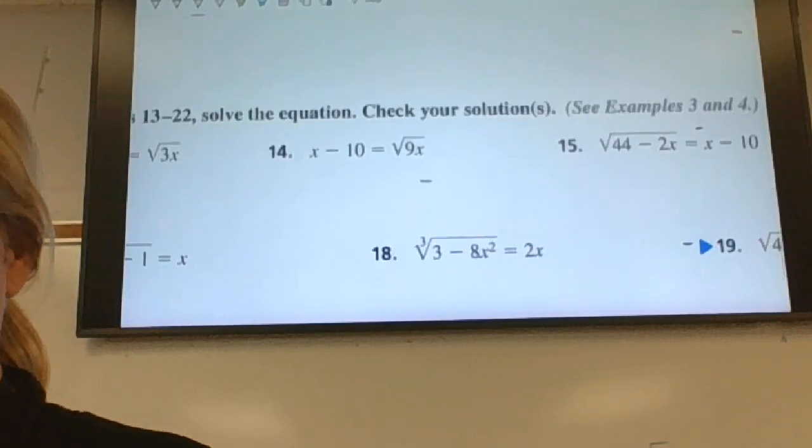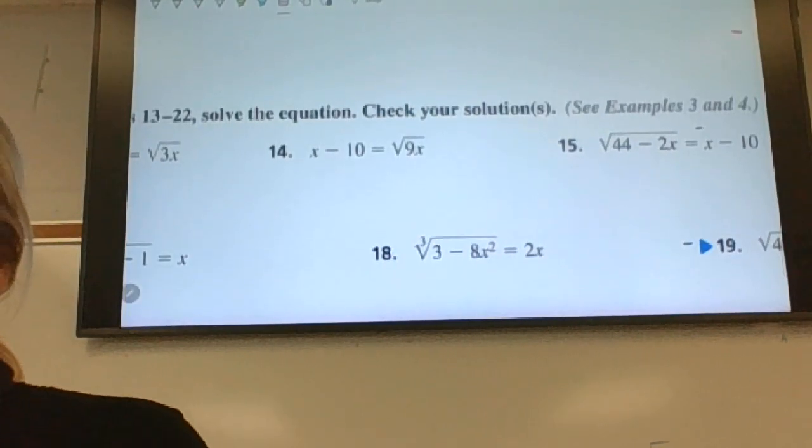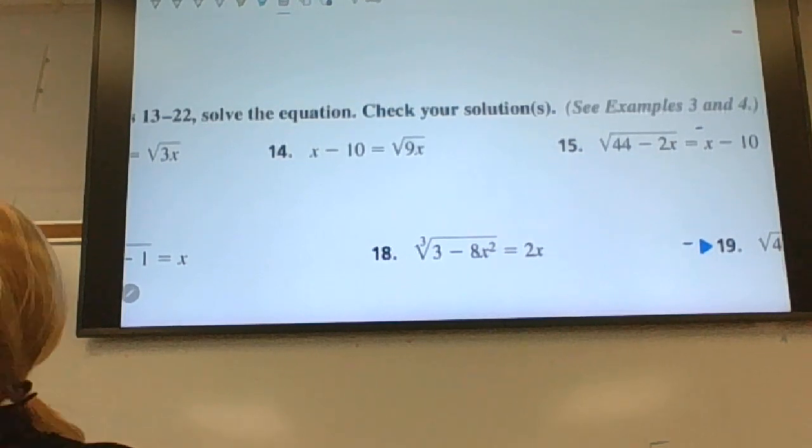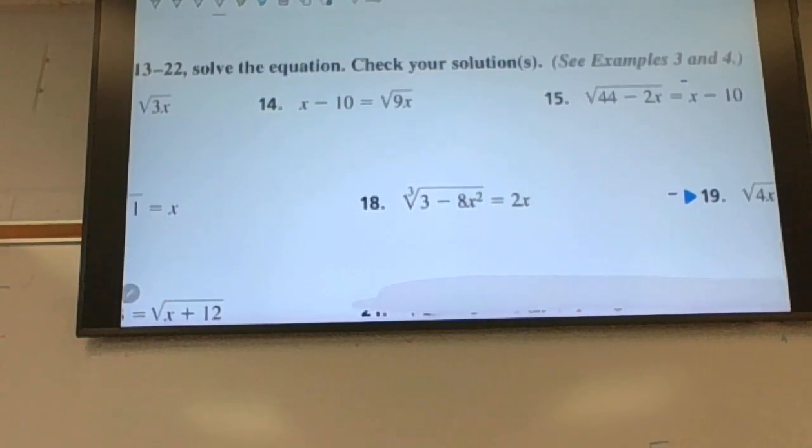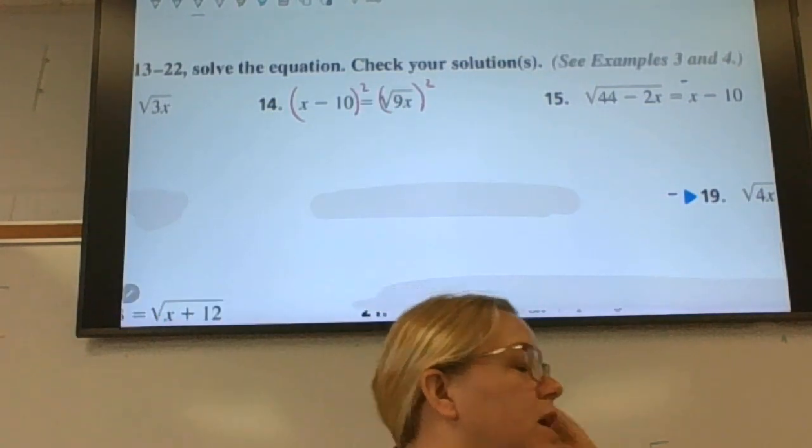Alright, I gotta go 14 because this one's different. Starting with the second half, you now have a binomial or an expression on one side of the equation, and most people will do this wrong, even though they're very competent and good at math. We'll make a mistake here. When I square both sides, it's reasonable to write down x squared minus 100.